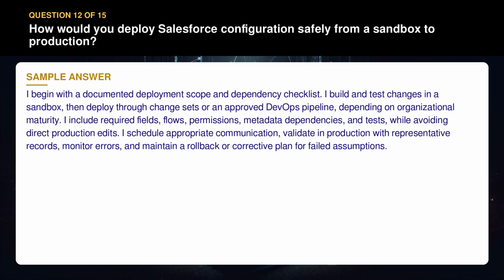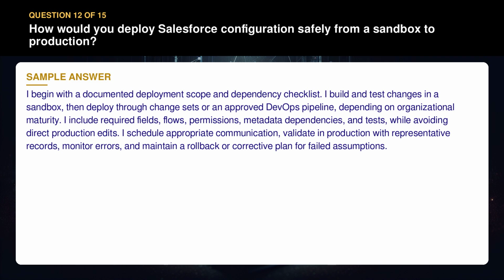I begin with a documented deployment scope and dependency checklist. I build and test changes in a sandbox, then deploy through change sets or an approved DevOps pipeline, depending on organizational maturity. I include required fields, flows, permissions, metadata dependencies, and tests, while avoiding direct production edits.